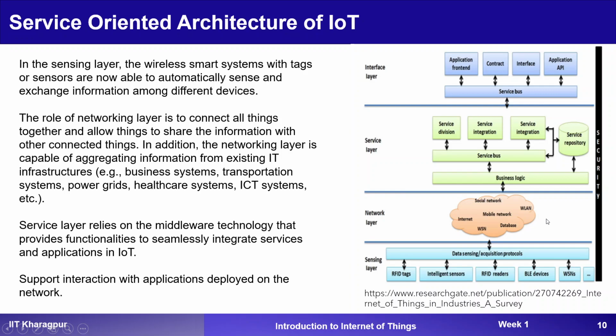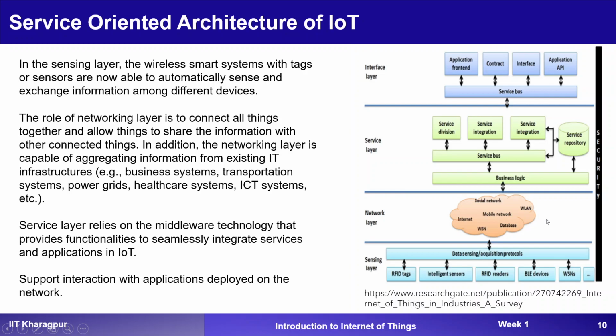Okay. So basically, the service-oriented architecture of IoT consists of four layers. First one is the sensing layer. The sensing layer is responsible for the acquisition of data, for the collection of data. Basically, in the sensing layer, various sensors sense the environment and collect data.